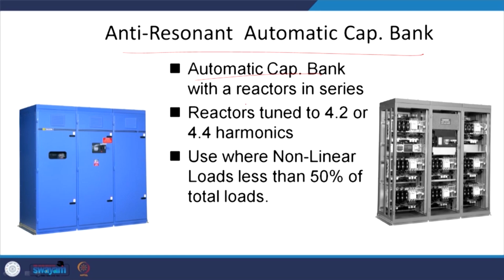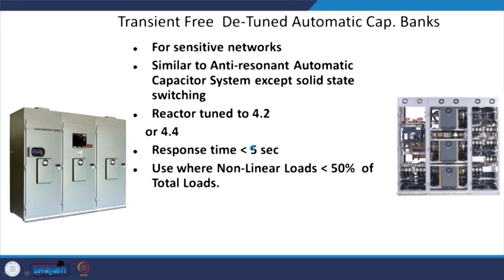The automatic capacitor bank comes with a reactor in series, and it is tuned to just below the fifth harmonic, 4.2 to 4.4, used where nonlinear load is less than 50% of the total load. And the transient free detuned automatic bank, for very sensitive networks, is similar to the anti-resonance capacitor.